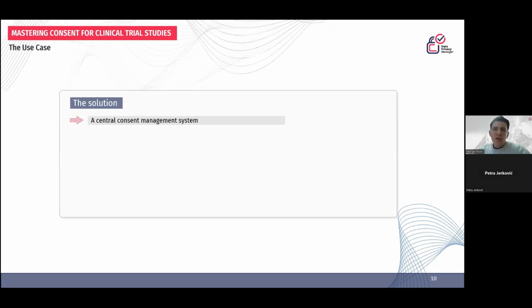So what is the solution? The solution that we are offering with Data Privacy Manager, for sure, covers the technical part, it covers the process, and it provides a central consent management system as the starting point. It enables consent data mastering.